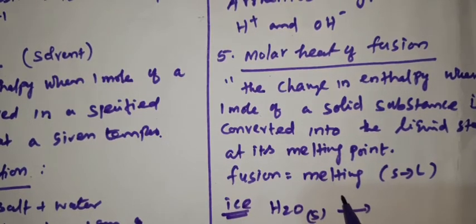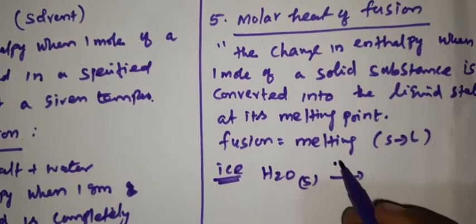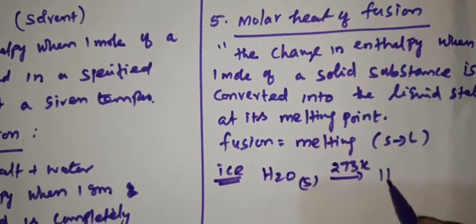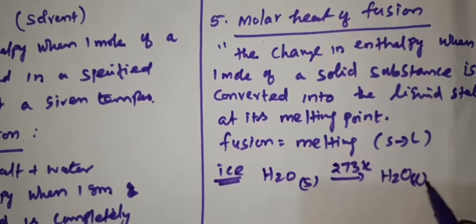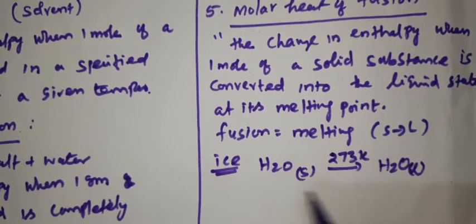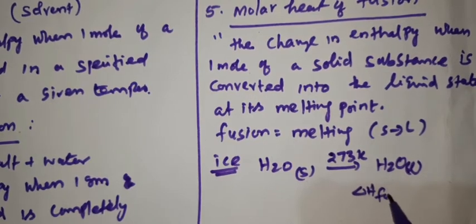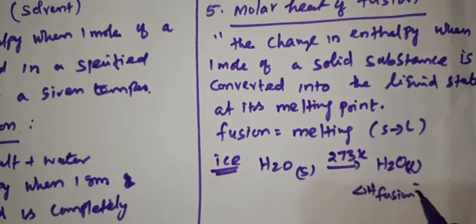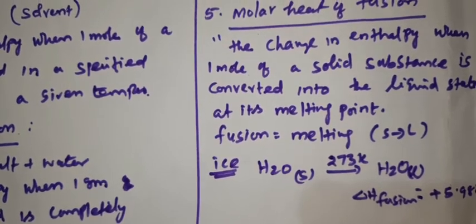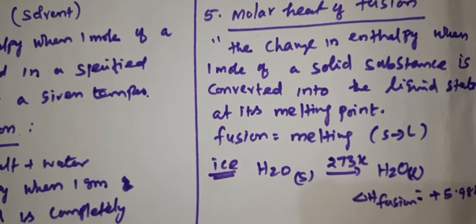Then the melting point is 0 degrees Celsius, which we can write as 273 Kelvin. Then we get H2O liquid, and delta H fusion equals plus 5.98 kilojoule, right? So this is called molar heat of fusion.